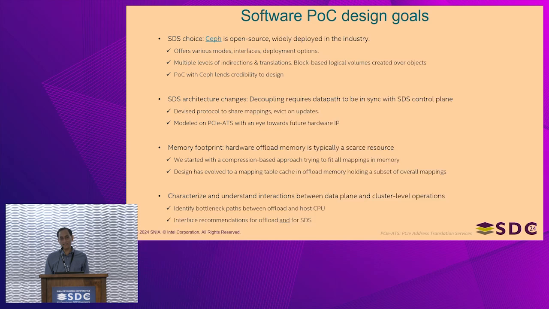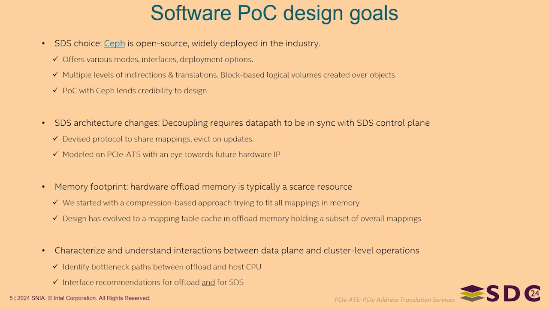The second thing is we're talking about the SDS layer still managing the control plane and sharing these mappings with a distinct module, right? So for something like this to work, you have to make sure that this companion module is always in sync with the SDS.